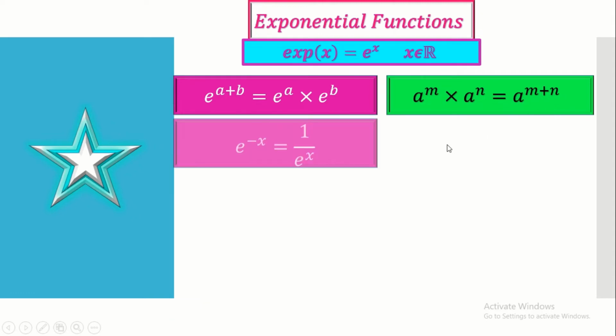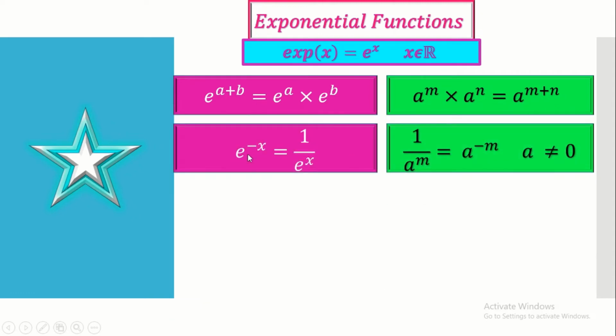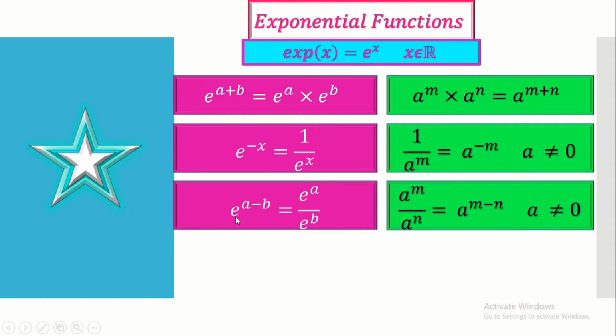Also, exp(-x) we can write as 1 over exp(x), since 1 over a to the power m is equal to a to the power minus m for every a different from 0. Also, e^(a - b) is equal to e^a over e^b, by the same rules of power.